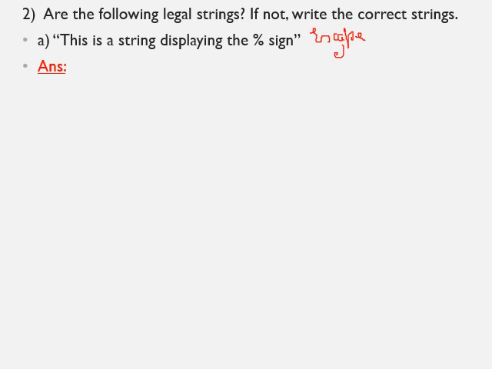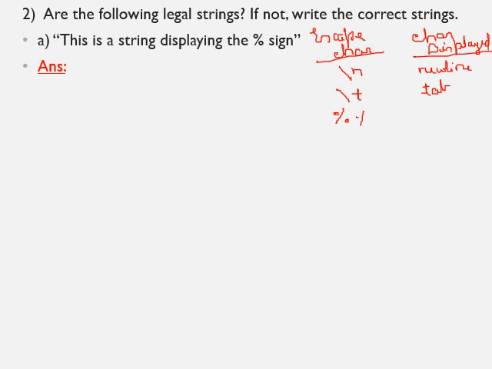Escape characters in Verilog and the corresponding character displayed. A \n will display a new line. It will go to a new line. \t, a tab will be inserted. The character displayed is tab.